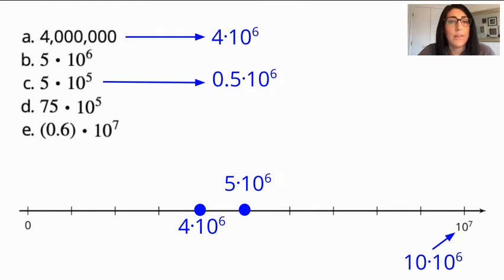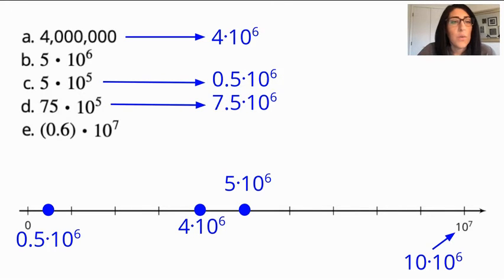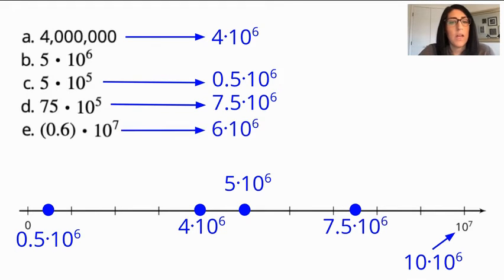And so that would go between the 0 and the first part, 0 and 1 times 10 to the 6. It would fall right there. Here we would rewrite this to 7.5 times 10 to the 6. That would fall right here on the number line. And this last one, we would rewrite to 6 times 10 to the 6, and that would fall here on the number line.